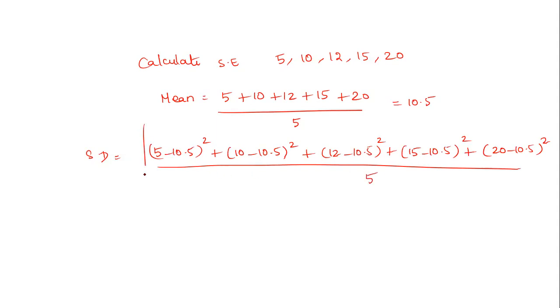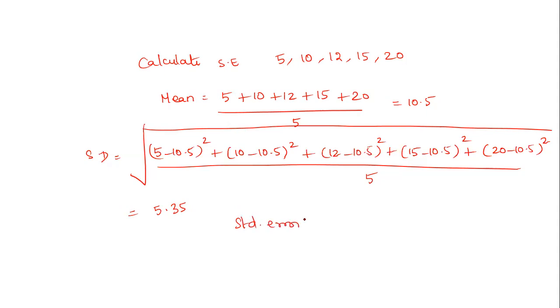This is how you calculate the variance, and the standard deviation is nothing but the square root of variance. We get the answer 5.35. Now we'll calculate the standard error. The standard error is the standard deviation divided by root of the number of samples. So the standard error is 2.39.